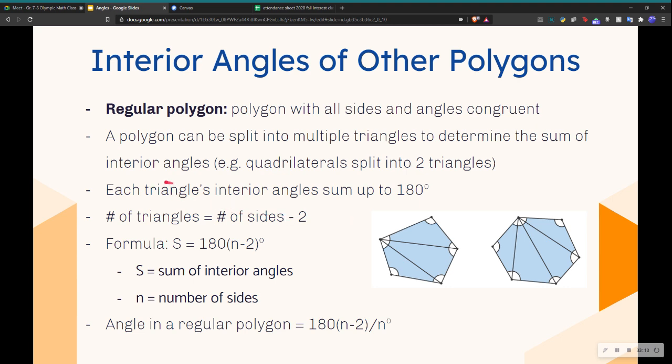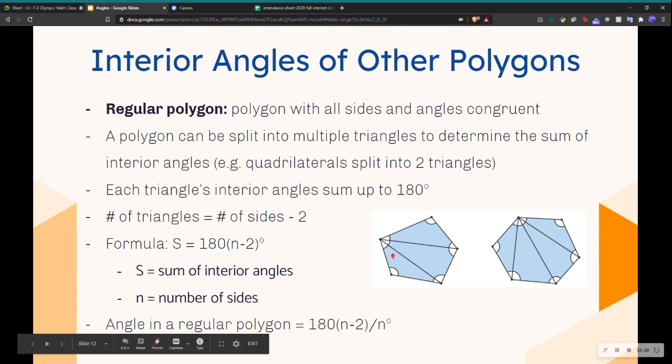If I didn't explain this part clearly, here is why the formula is the way it is. If you see the diagram, in each of these diagrams, remember that we form triangles. Notice that each of the angles in the triangles corresponds to one of the interior angles of the entire polygon, right? Looking at this bottom triangle, you have this angle, this angle, and this angle.